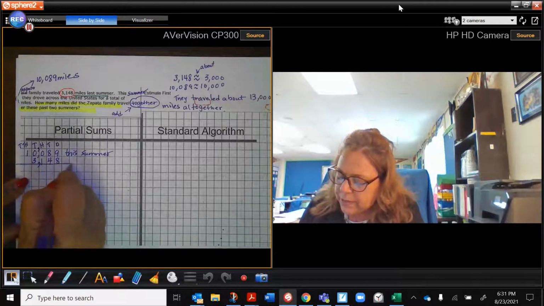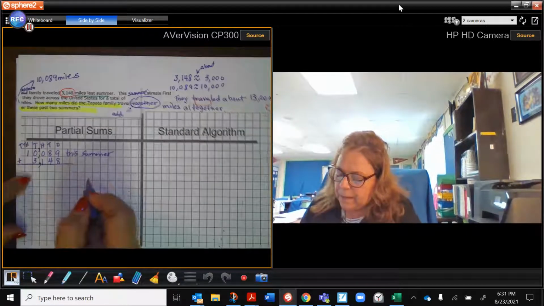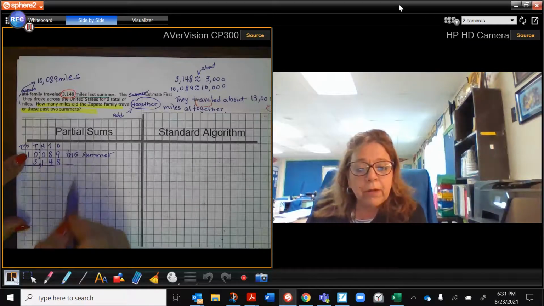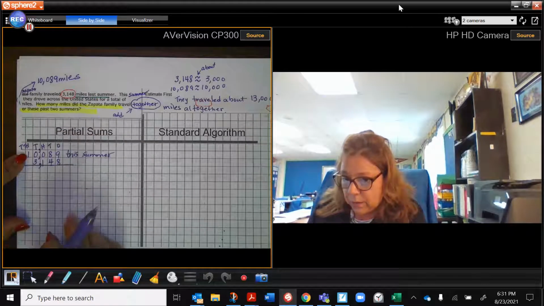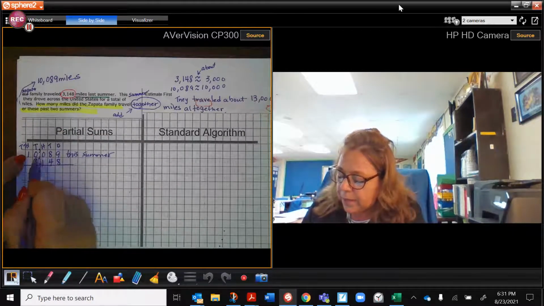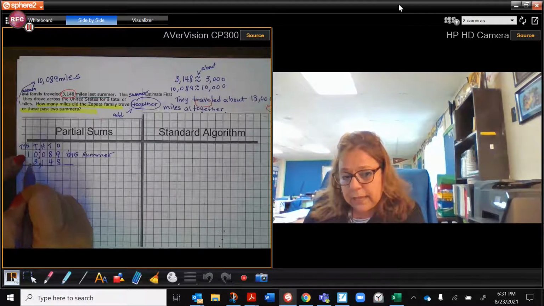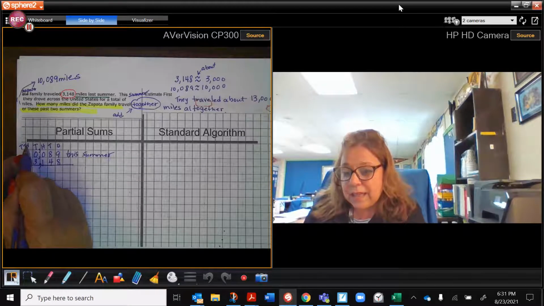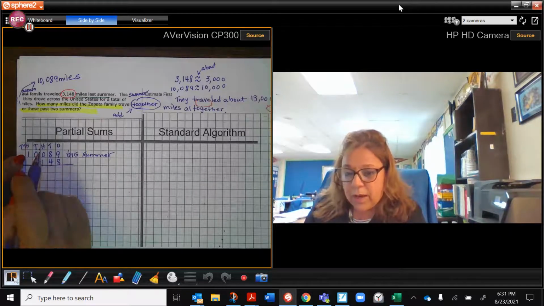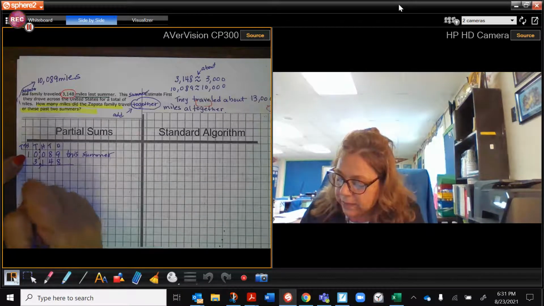I'm going to add these up. But remember, this is not the standard algorithm part. So I'm going to break this up. The way we look at it, the digit in the 10,000s place is 1. The value of that 1 is 10,000.